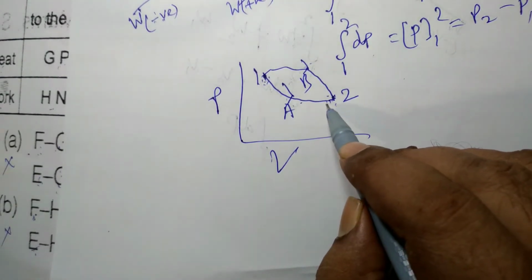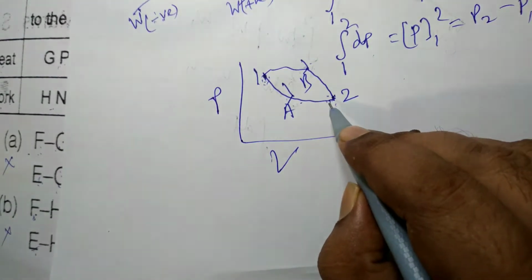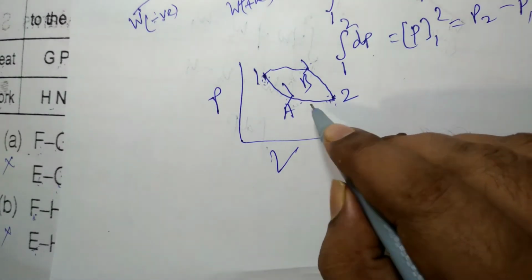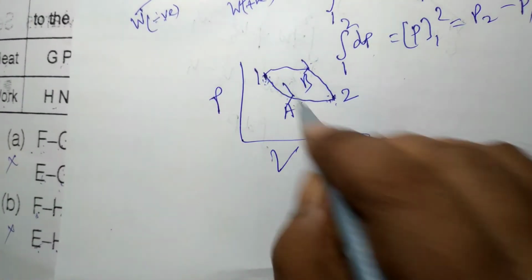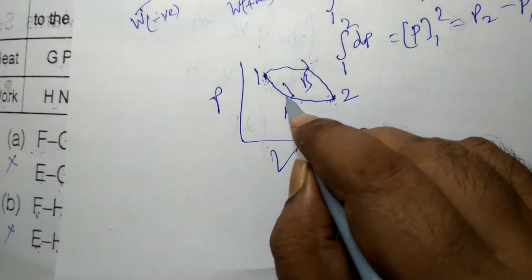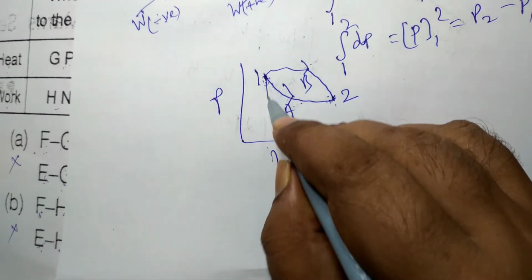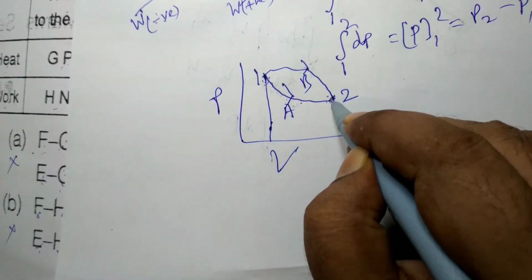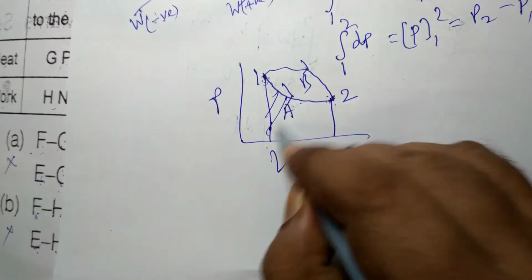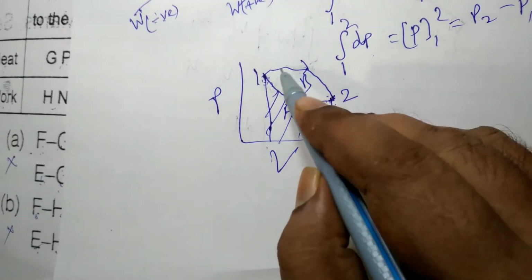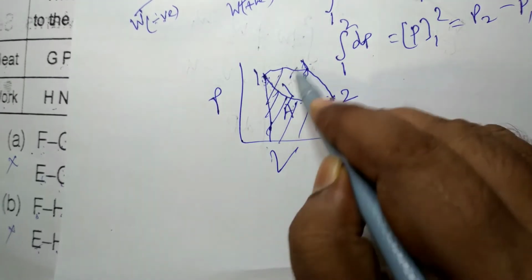But what about work? We know that work represents the area under PV diagram. So when system travels from state 1 to state 2 through the path A, what will be the work done? Work done will be the area under PV diagram, this one. And when it travels through path B, the area will be like this.